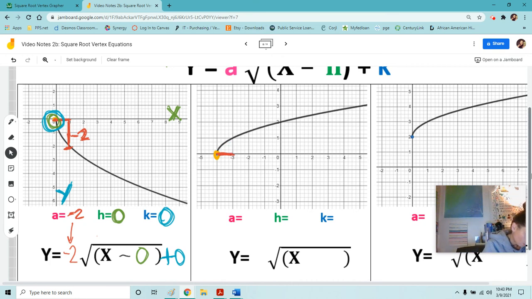So I have to go up 1 spot to get to the graph. So A is 1. Then I look for my H, which matches up with the x-axis. So I look, and on the x-axis, that vertex is at -4.